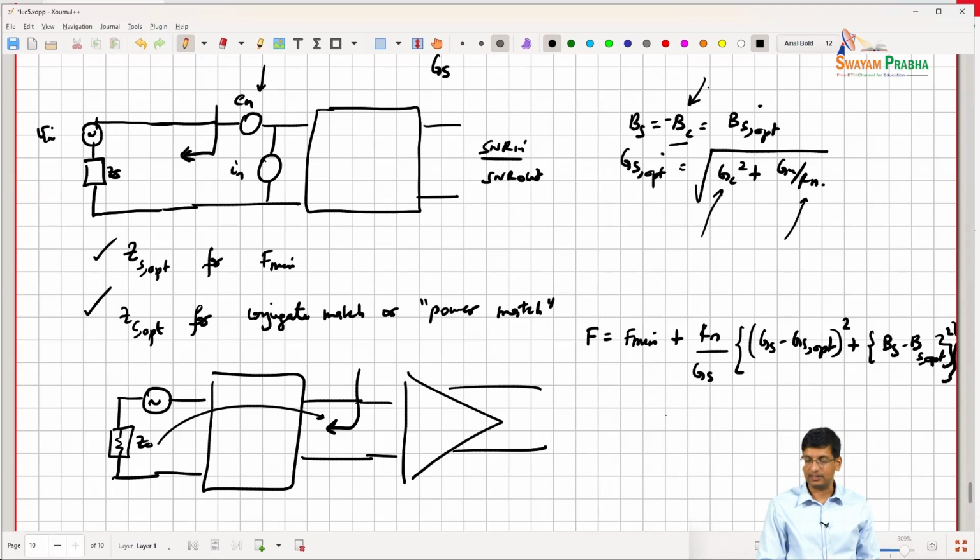So what this is saying is I get the minimum noise figure plus some degradation when my Gs is not Gs opt, when my Bs is not Bs opt, right?